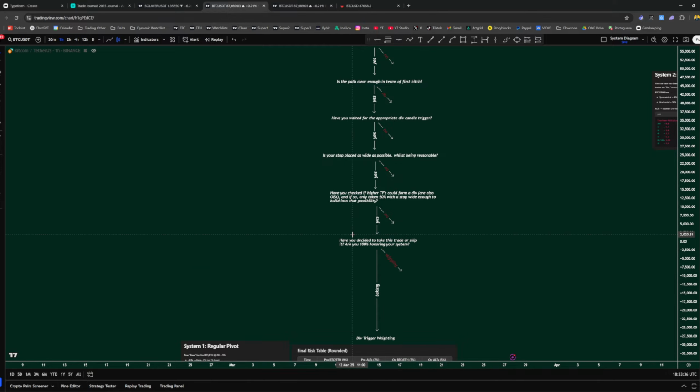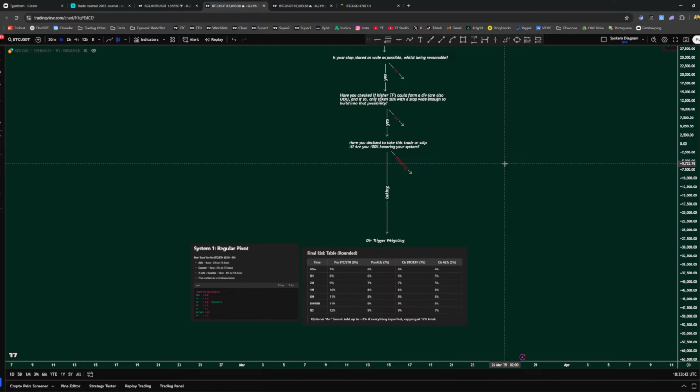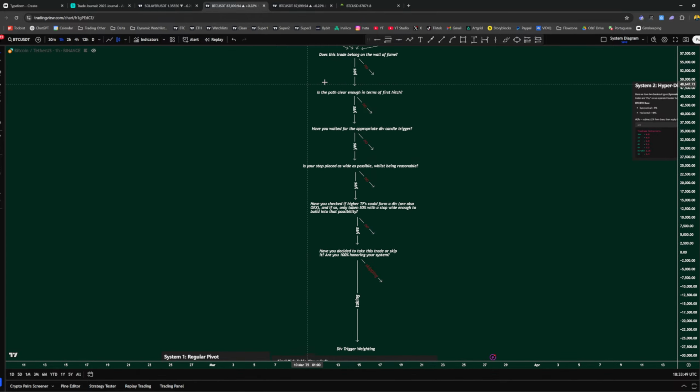So assuming I say yes, have you decided to take this trade or skip it? Are you 100% honoring your system? So I have to think about this one. This whole process of being systematic with a pre-trade checklist, or as I call it, gatekeeping.